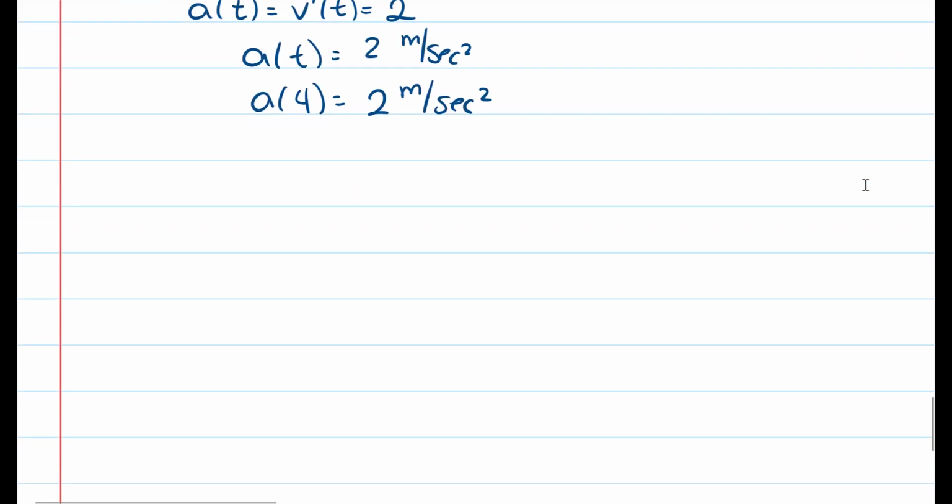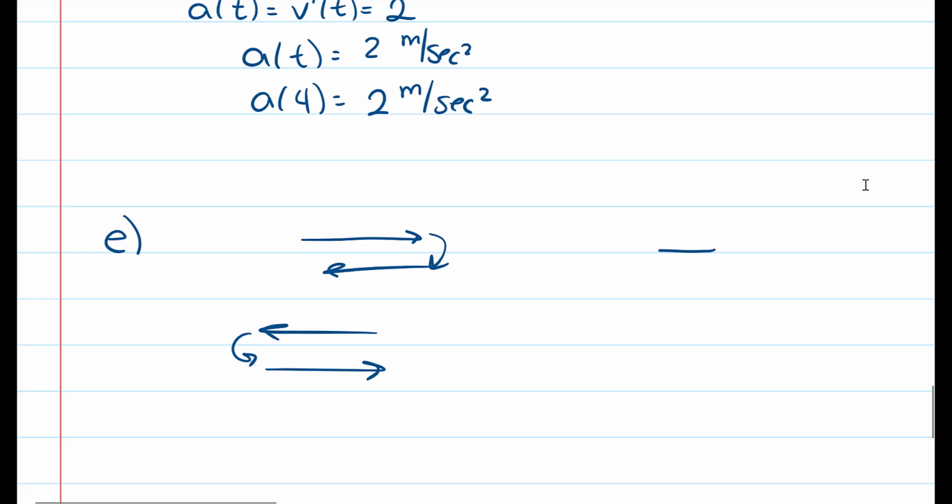And now we're going to move on to the parts of the problem that were a little bit extra. At what values of t does the particle change direction? So we want to know for what t value does the particle go from moving forward to backwards or backwards to forwards. For something to change direction, it has to come to a stop.